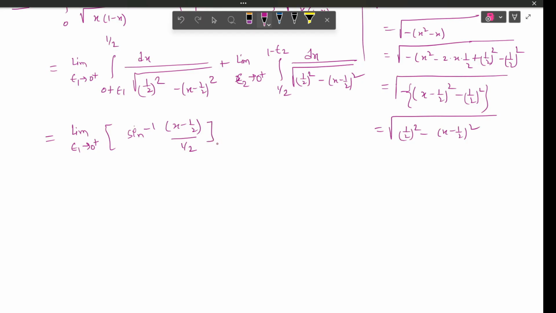Now the limit is from 0 plus epsilon to half, plus limit epsilon 2 tends to 0, sin inverse x by a. So sin inverse of x minus half by half, from half to 1 minus epsilon 2.